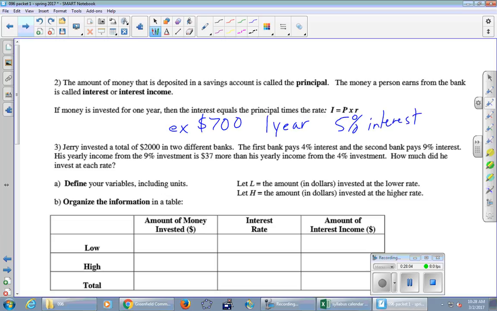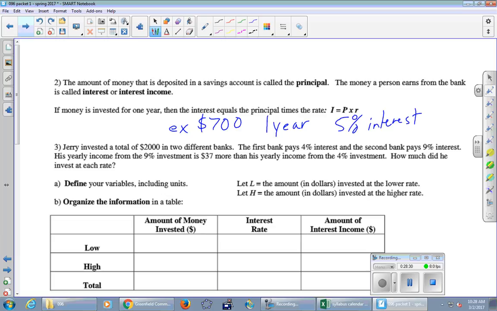What would we do with these numbers to calculate how much interest we get as a dollar amount? 700 times 0.05, yeah? Just take 5% of 700. 1 year just makes things nice. You just have to do it one time. Jeff did something really good here. He didn't say 5 times 700. What did he say? 0.05, right? Percentages always have to go to decimals.